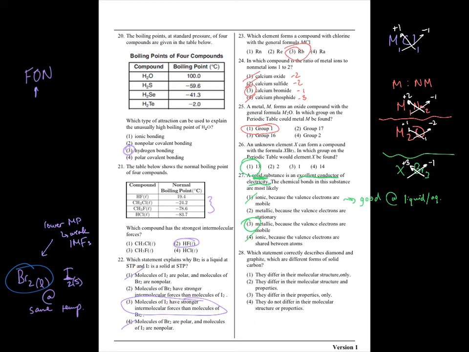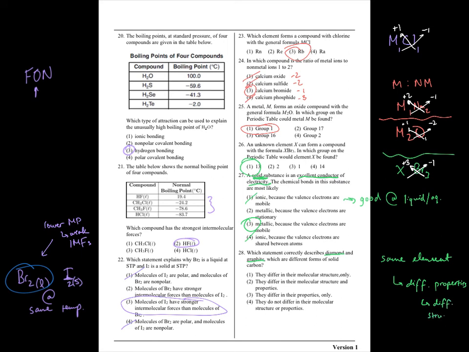Number 28. Which statement correctly describes diamond and graphite, which are different forms of solid carbon? So they are the same element, but they definitely have different properties, and this relates to their different structures.